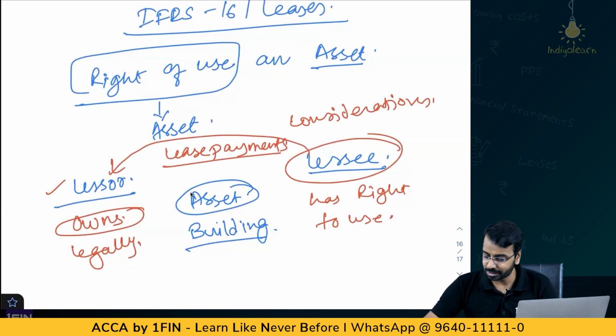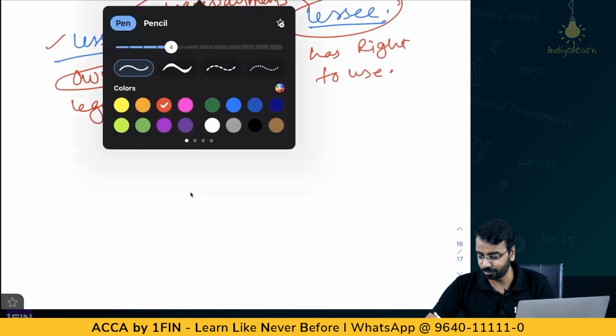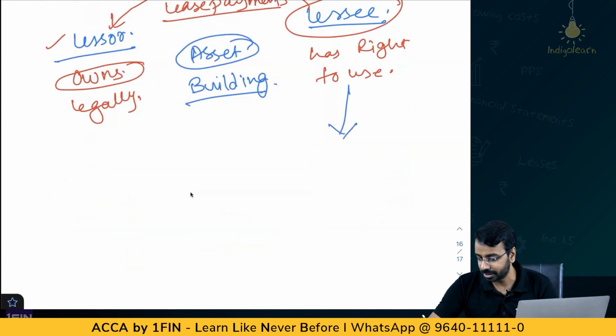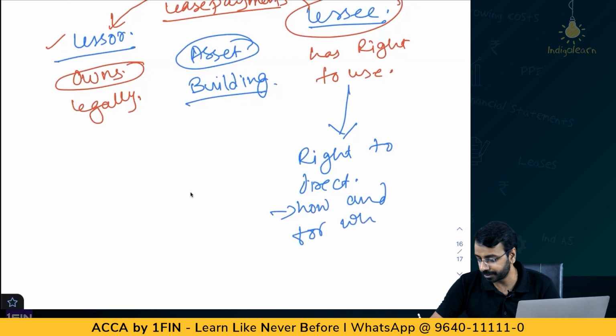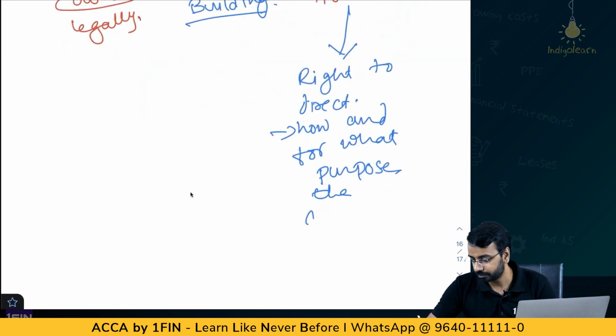Now, very important to understand, when we say there is a right to use, this right to use means having a right to direct how and for what purpose the asset is used.